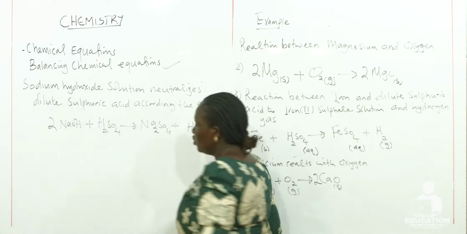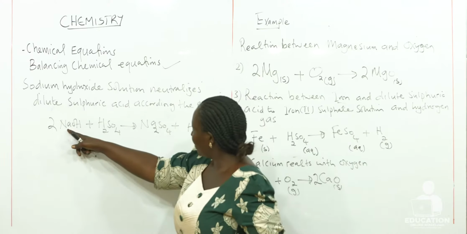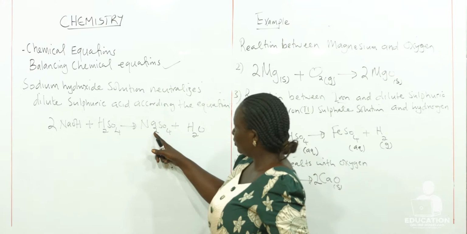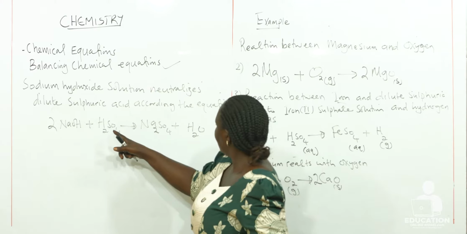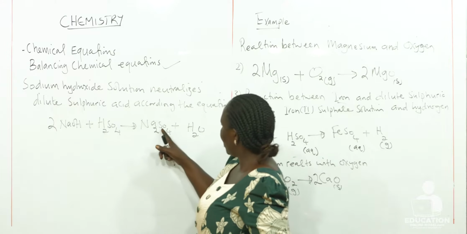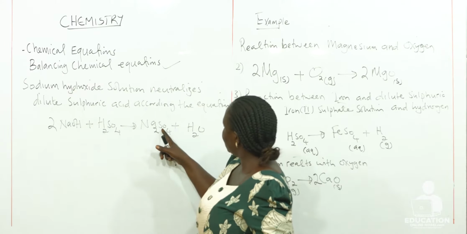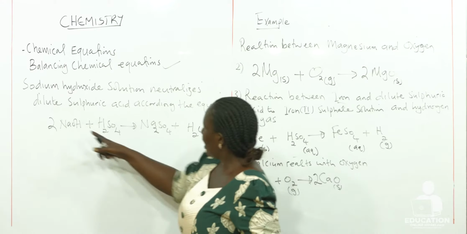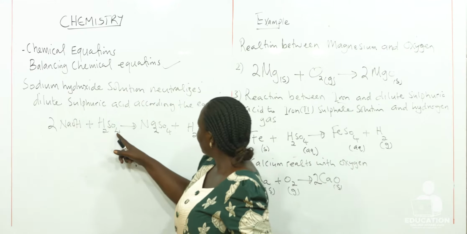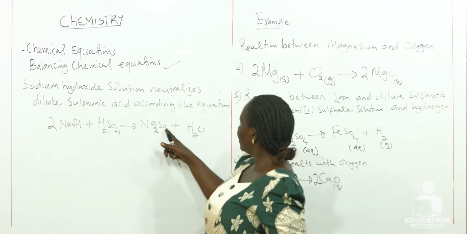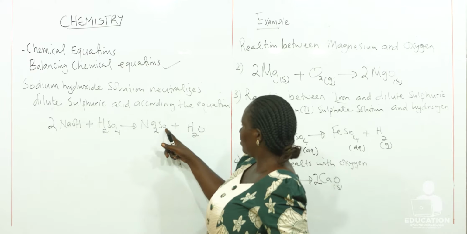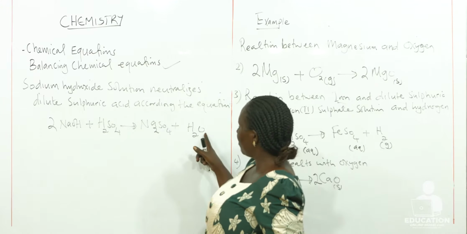We have 2 sodium atoms at the left hand side, and then we have 2. We have sulfur, 1, 1. We have oxygen atoms. We have 2 plus 4, which is 6, and then at this side we have only 4 plus this one makes 5.